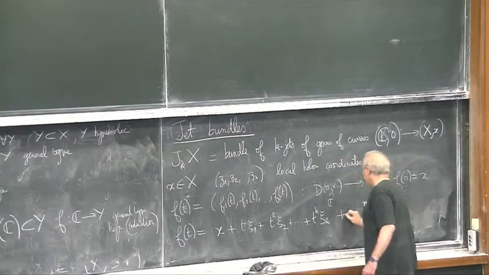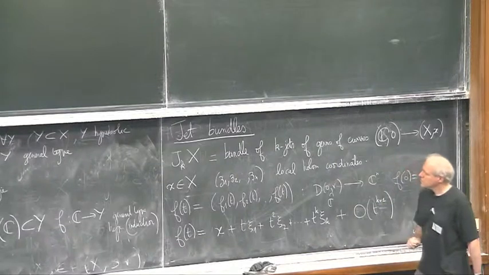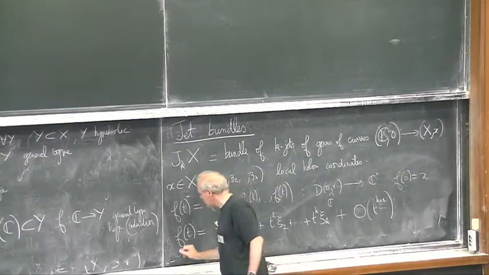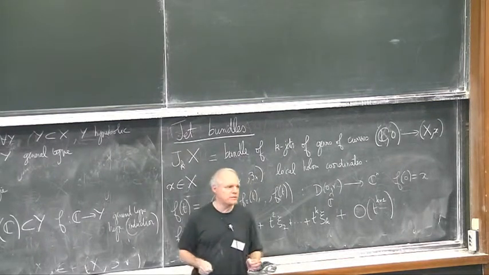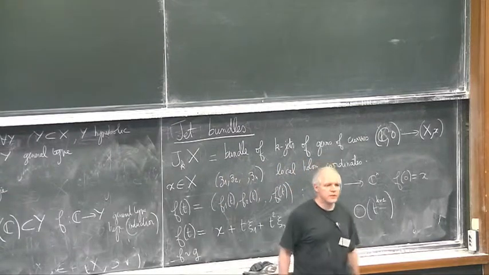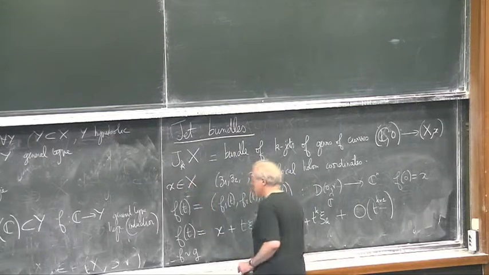And then you neglect everything of higher order. That is, you take the quotient by the equivalence. So you say that two germs are equivalent if the derivatives coincide up to order k. And this is the fiber.